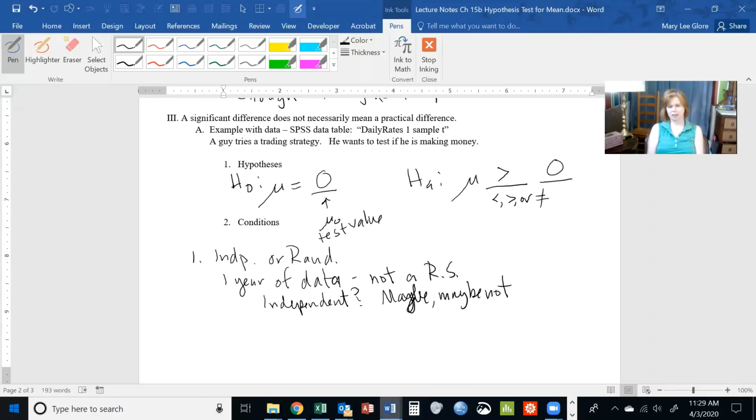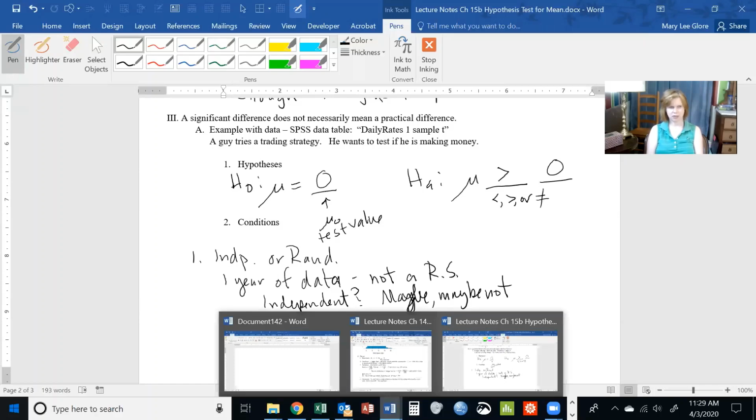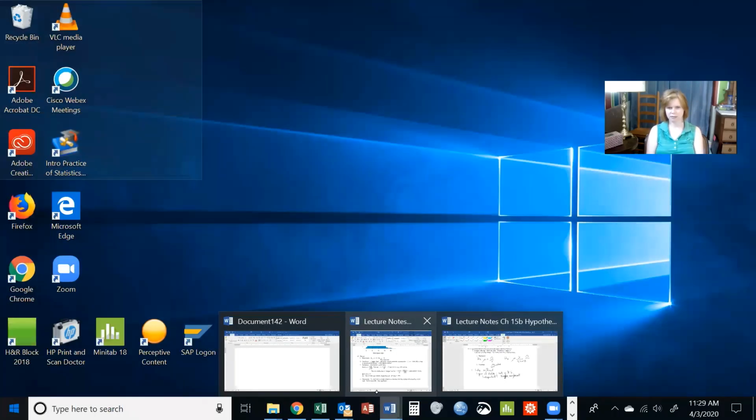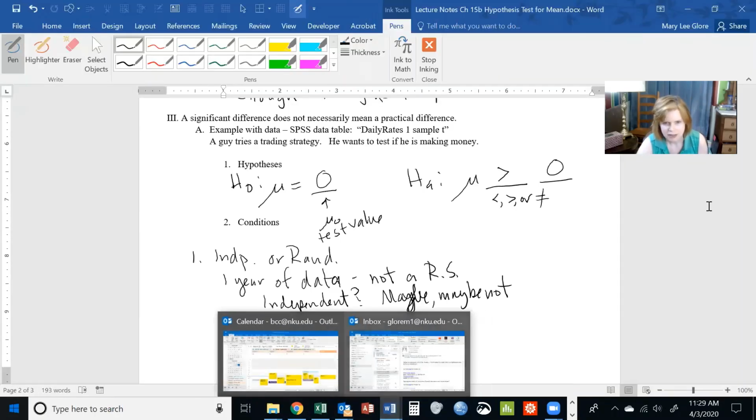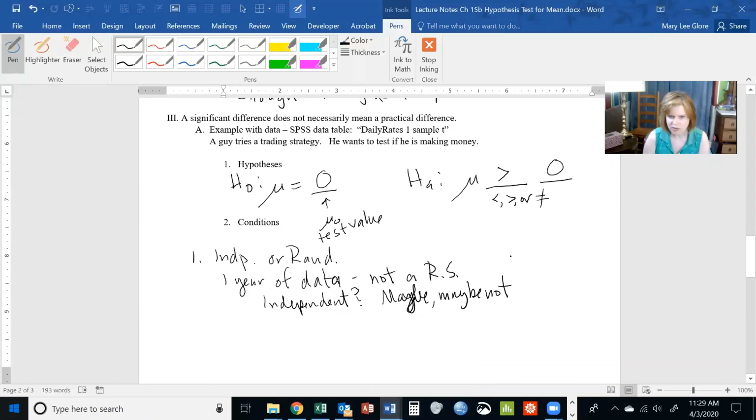So if yesterday went up so much, is that going to affect what happens today? In general, I would say no. So yesterday's plus or minus probably doesn't have a lot to do with today's, but it could, especially if there's a tendency if it's going up over time or going down over time. Maybe, so I'm not sure about that one. All right. Is it representative?